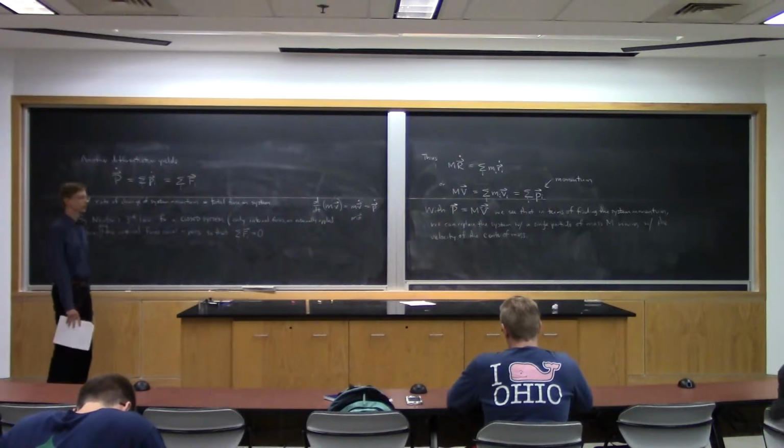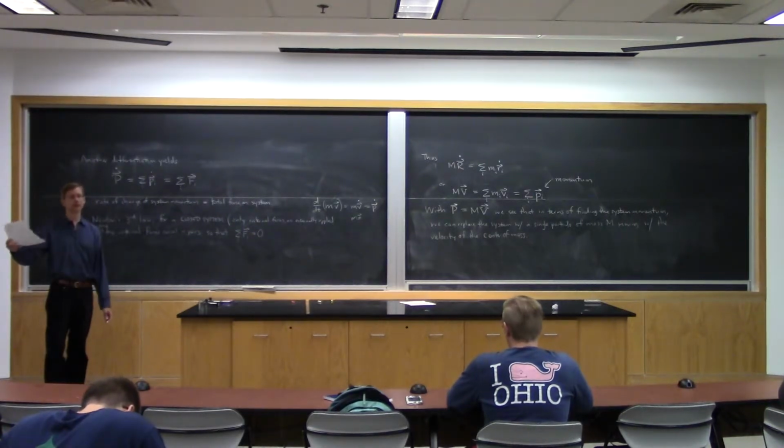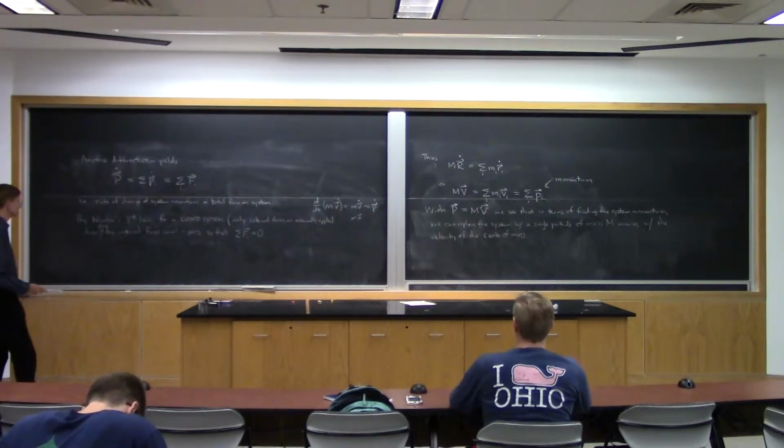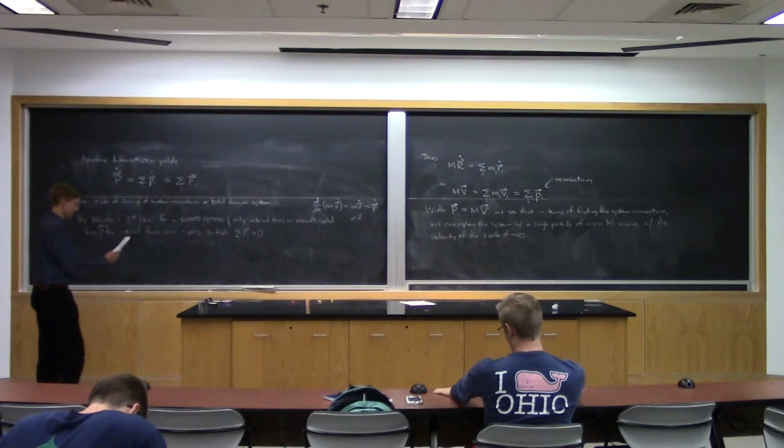Of course, if we drew a bigger box and included whatever is exerting the external forces as part of the system, then we get back to another closed system again, but whatever.